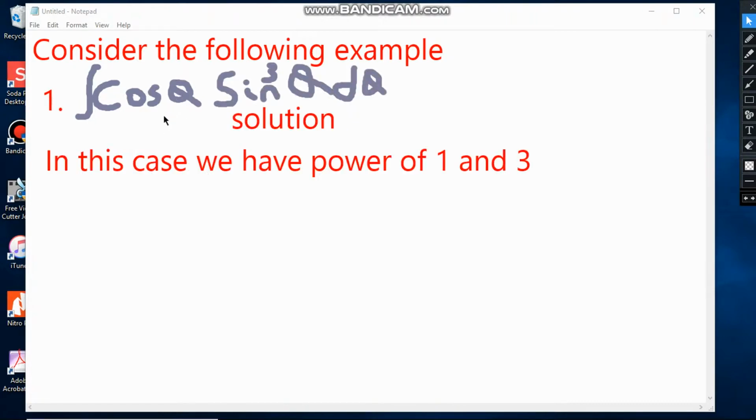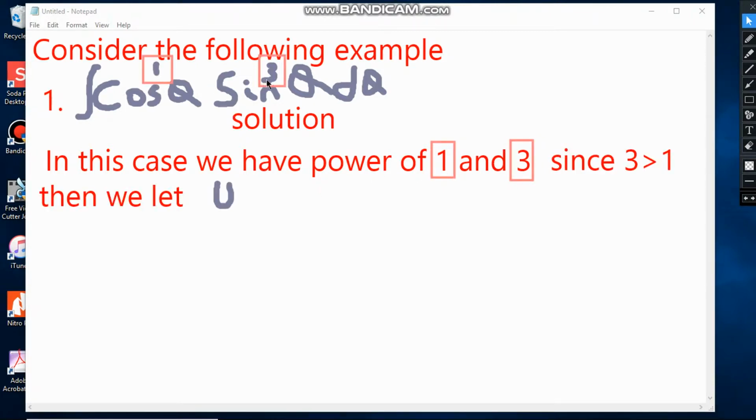In this case, we have 1 and 3. This is 1 and this is 3. Since 3 is greater than 1, then we let u is equal to sine of theta. 1 and 3 are both odd, and since 3 is greater than 1, sine of theta is under 3, so we let sine theta is equal to g of x is equal to u.